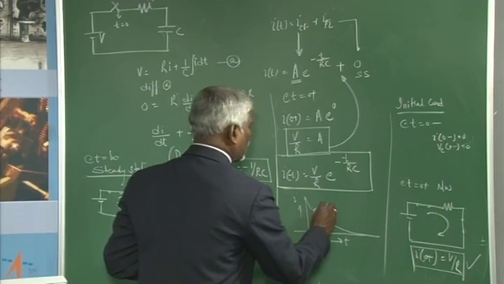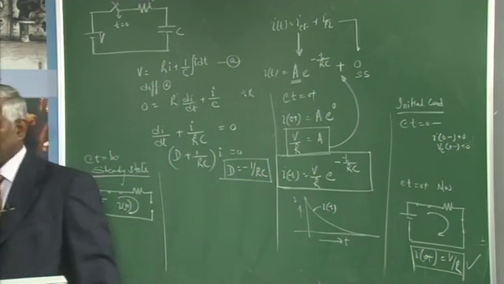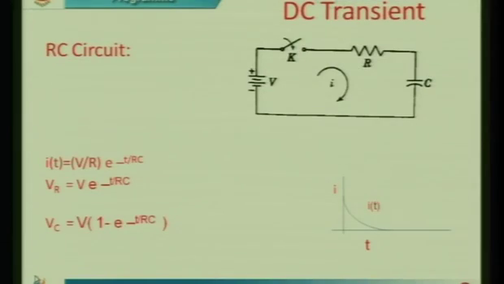This is I of t. Now, similarly, calculate the voltage across the resistor and the voltage across the capacitor. This is the current: V by R e to the minus t by RC.